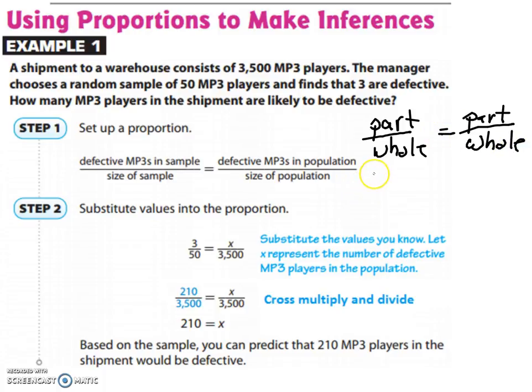So we have 3 defective over 50 total. All right, so if this side is defective to total, then this side has to be defective to total.